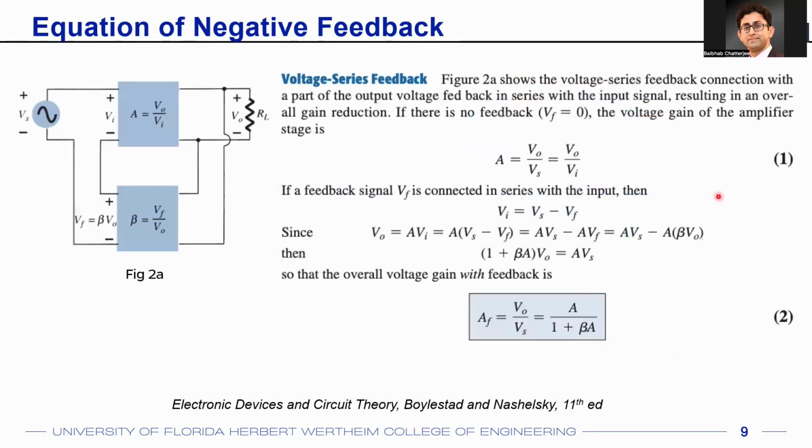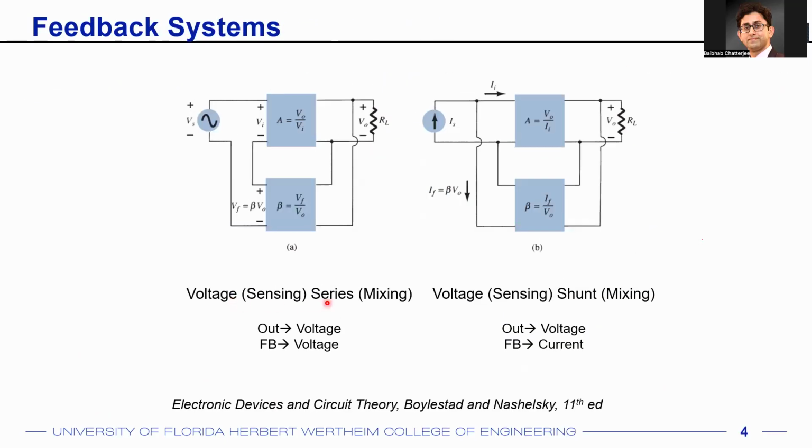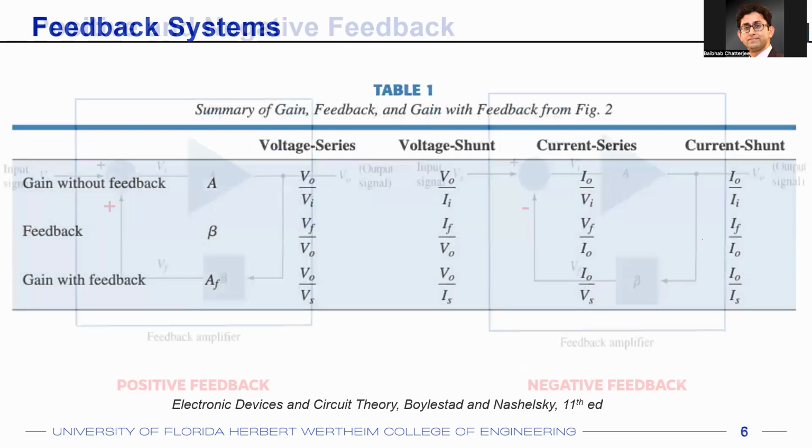If you go back to the original table or diagrams, voltage series means your output is voltage, and series means your input or feedback quantity is also voltage. Voltage shunt means your output is voltage, but your feedback quantity and input quantity are current. Current series means your output is current, your input is voltage. And current shunt means both your output and input are currents.